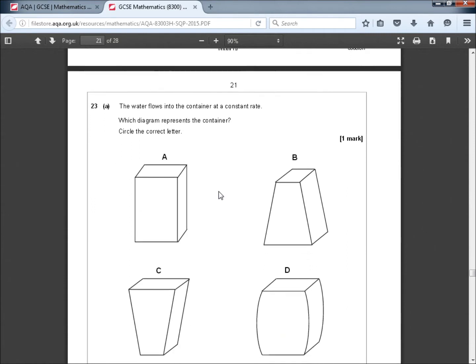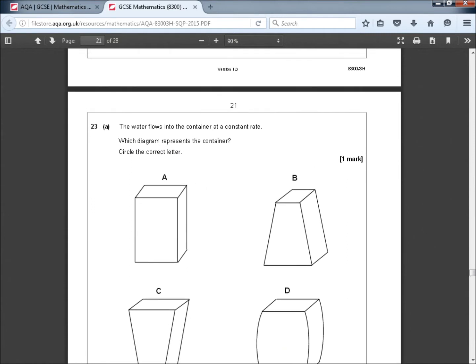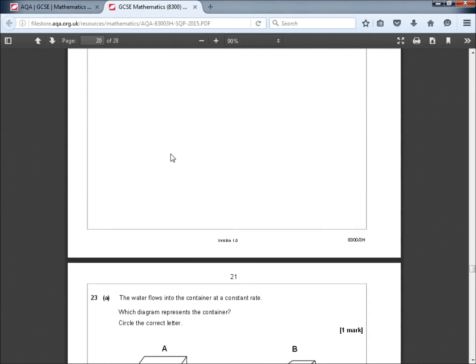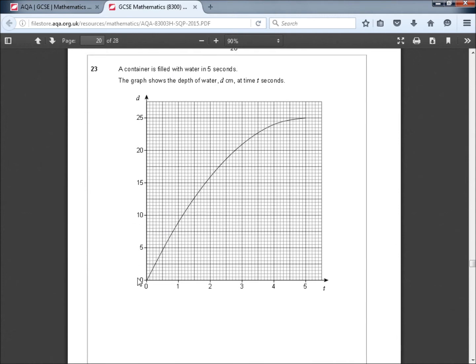In question 23a, it says the water flows into the container at a constant rate. Which diagram represents the container? Circle the correct answer. Well, if it was A, we would see the depth would just increase at a constant rate, so we would expect to see a straight line from 0 to full.